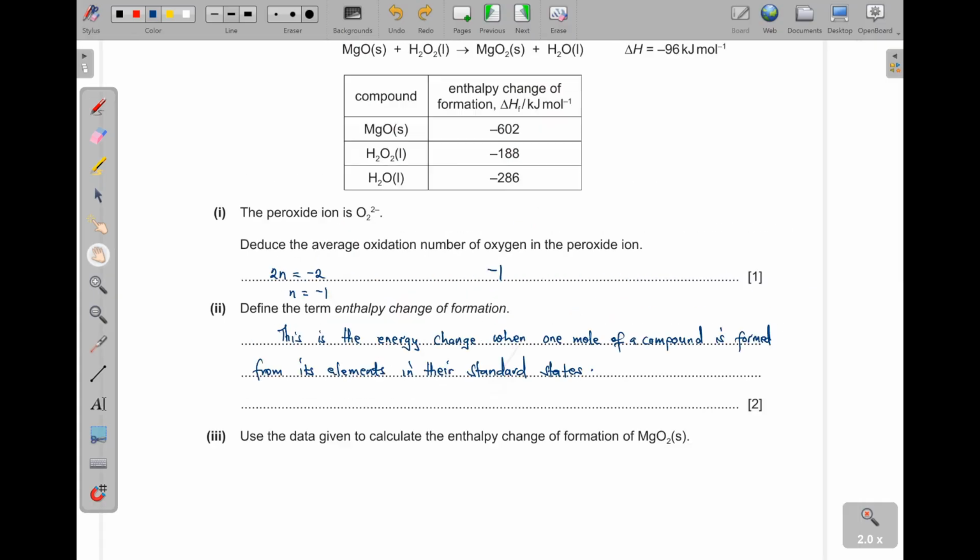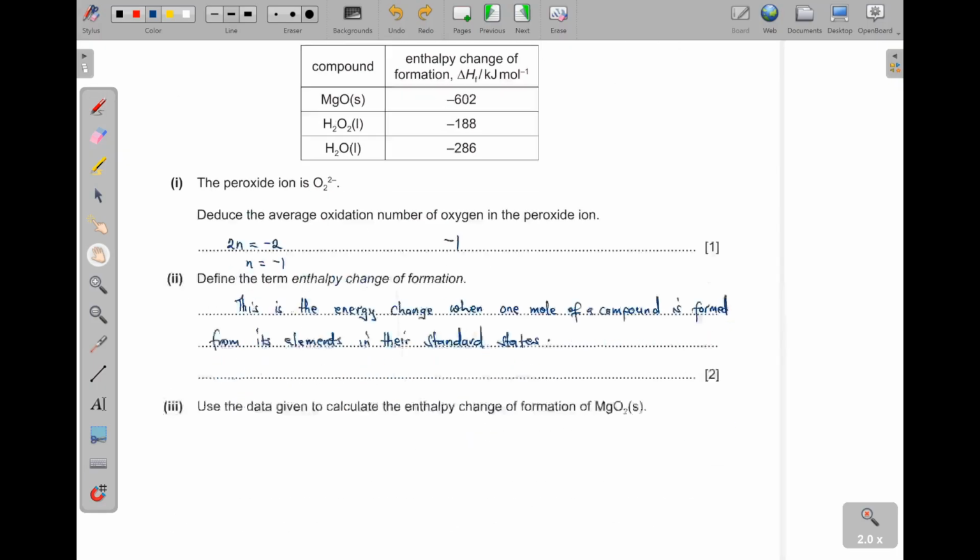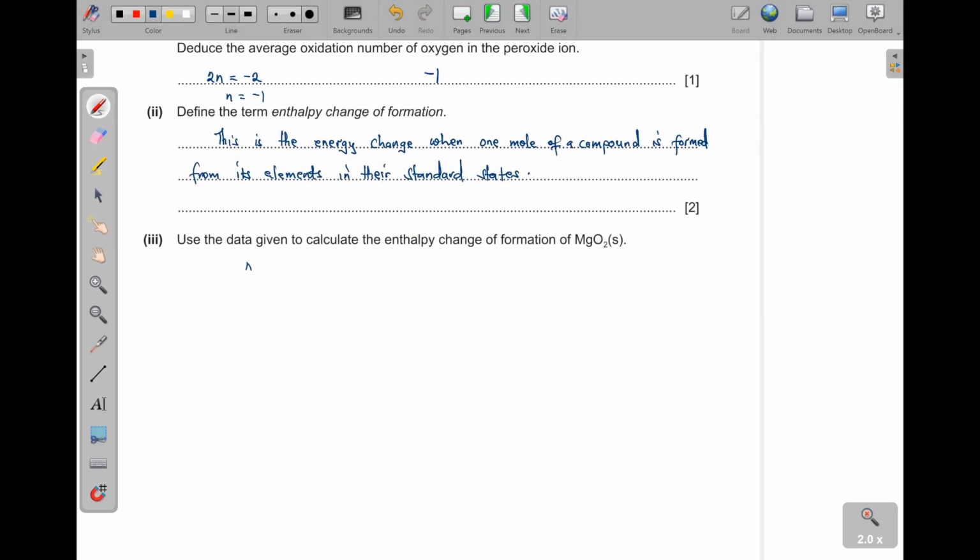So what I will do, I'll pick this reaction here. Magnesium oxide, which is a solid, plus hydrogen peroxide, which is a liquid. Then you form magnesium peroxide, solid, then plus water, which is a liquid.